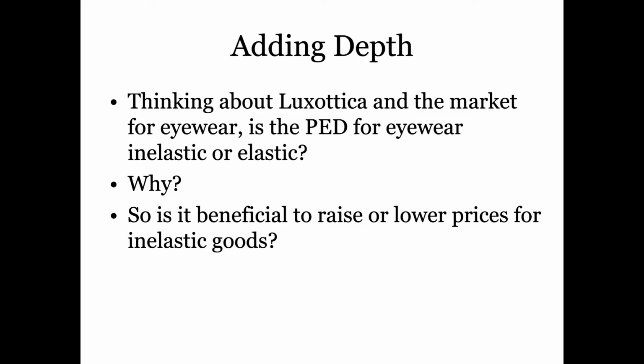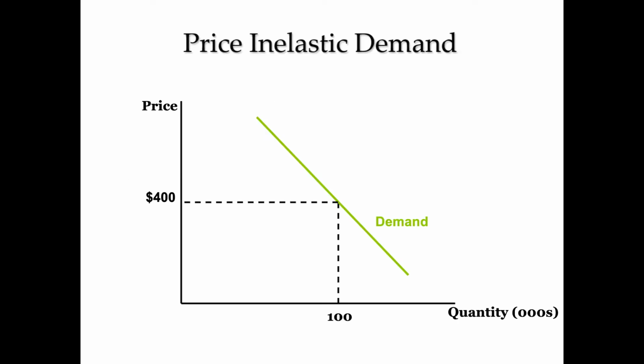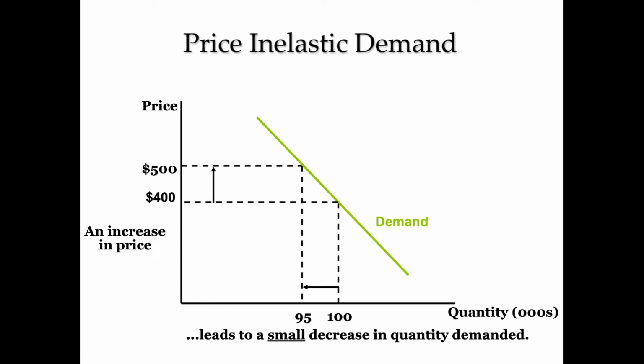So, when we think about PED and the types of goods in the market, if you were a manufacturer of eyeglasses and you were the only one, a monopoly, would you want to raise your price or lower it? Why? Well, if you're at Luxottica and you're selling eyeglasses, 100 a day for 400, and you raise your price by 100, we only have a small drop in quantity.